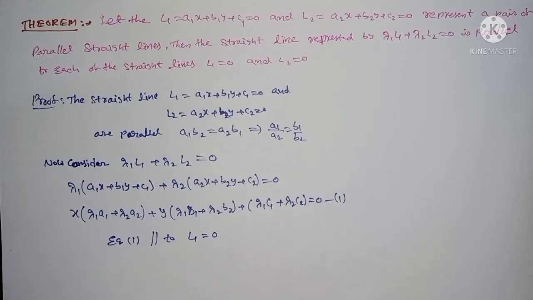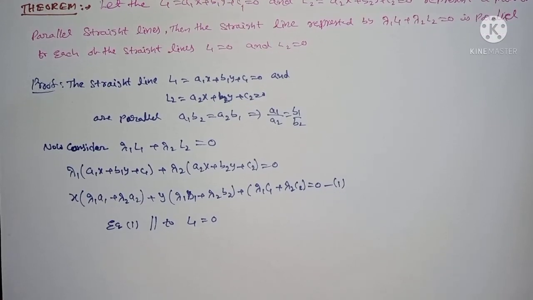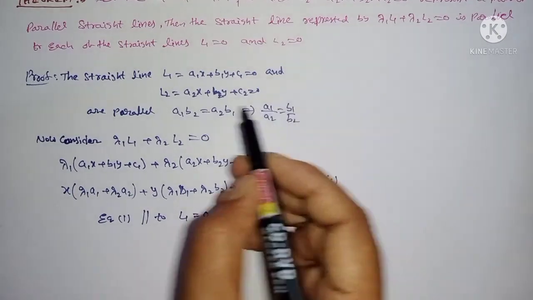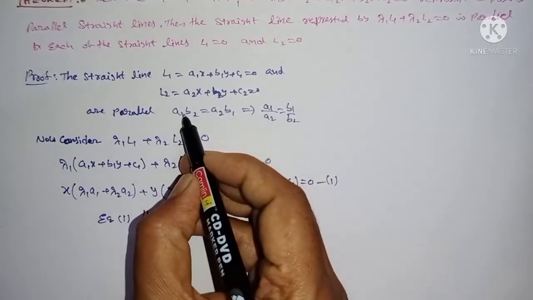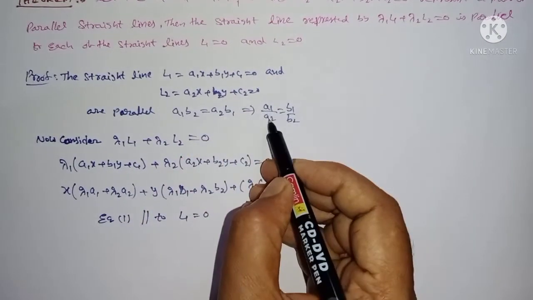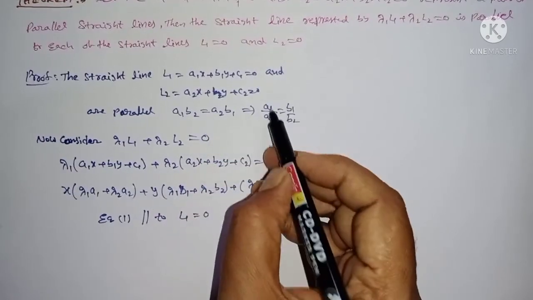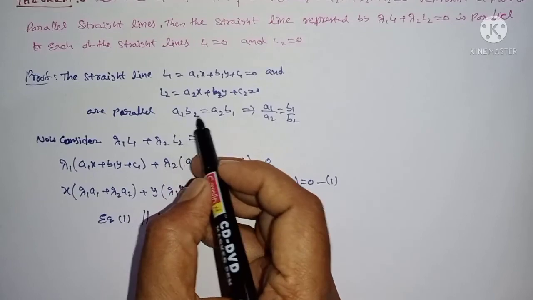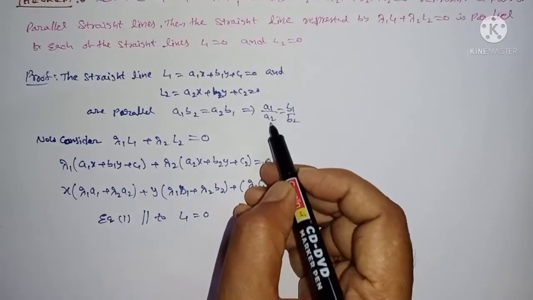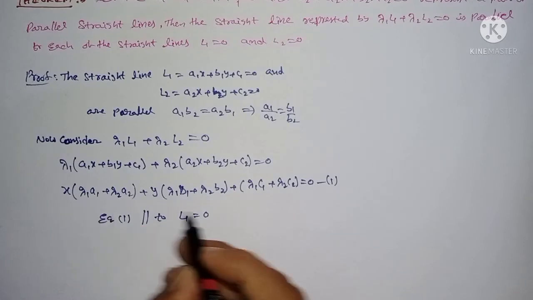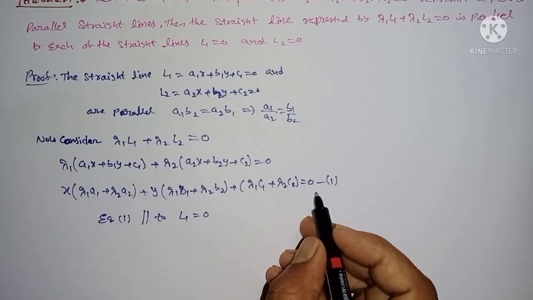Therefore, what is the formula? If two lines are parallel, what happens? a1 by a2 is equal to b1 by b2, or a1 b2 is equal to a2 b1. I am taking this one, a1 by a2 is equal to b1 by b2. You can observe here, equation number 1.